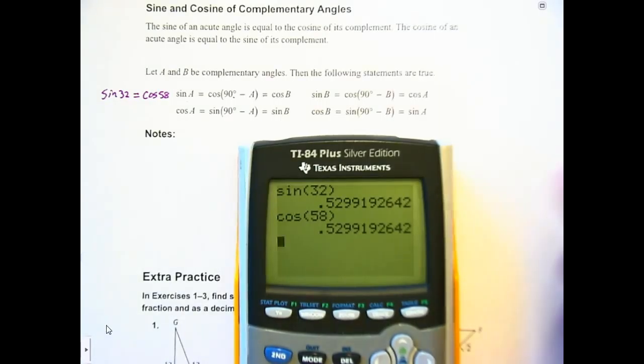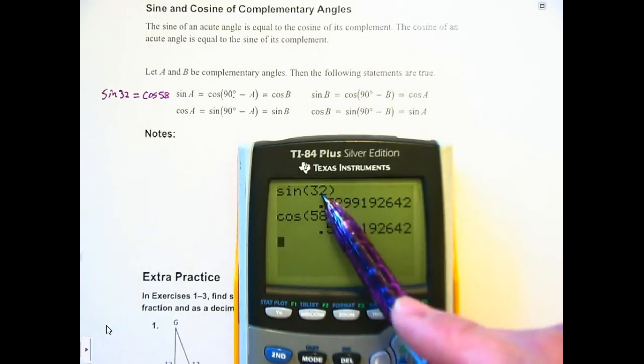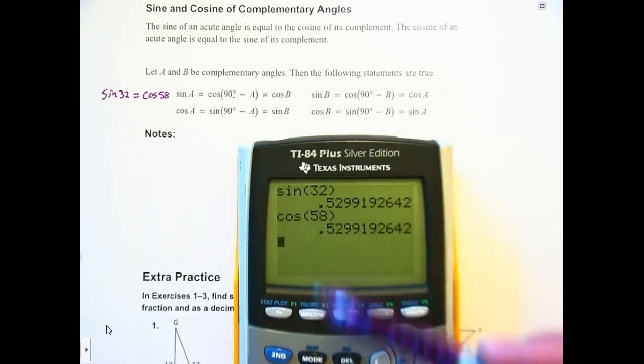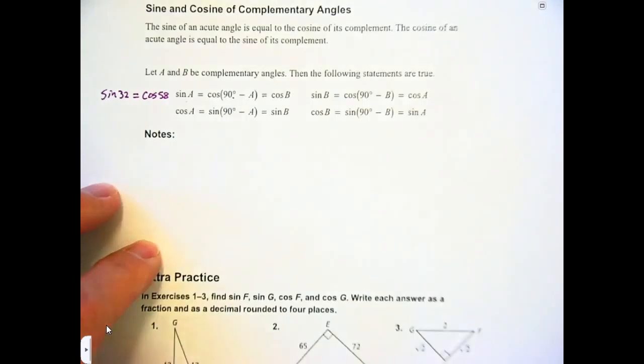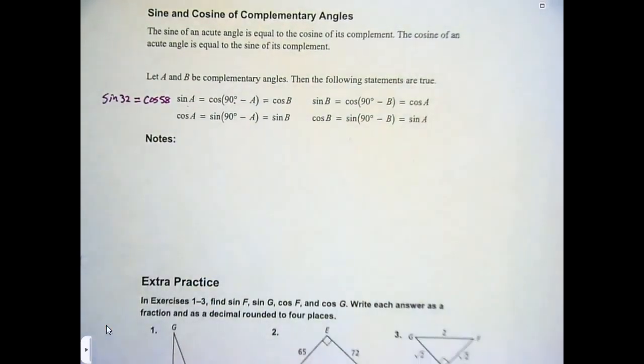A lot of times you'll be calculating or completing triangles or doing different things within multiple triangles, and it's good to know that if I'm dealing with one angle that's 32 degrees, the cosine of the other acute angle in the triangle is going to be the same. It's a complement of sine.